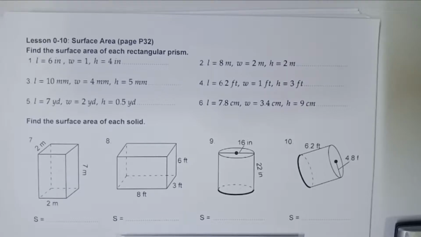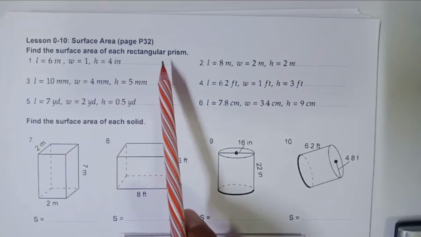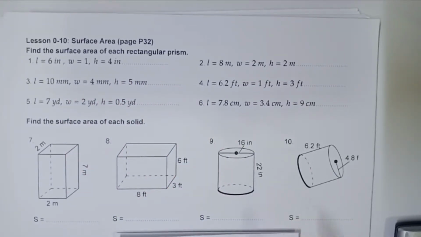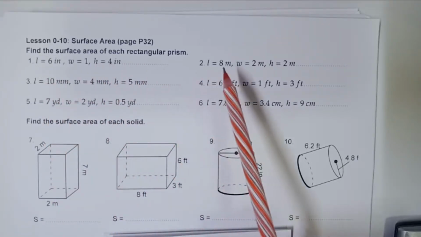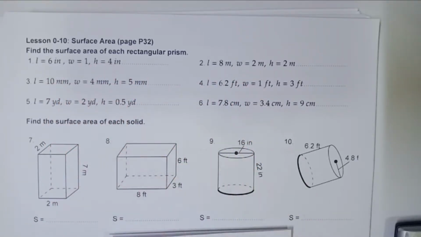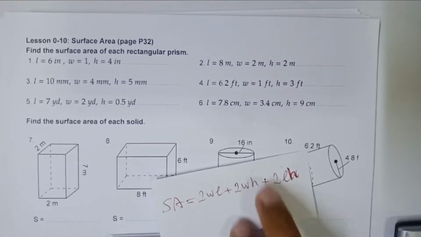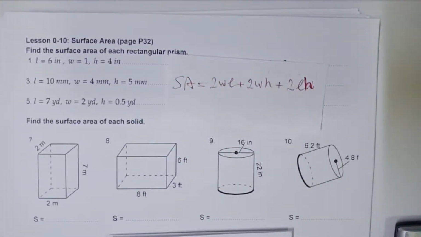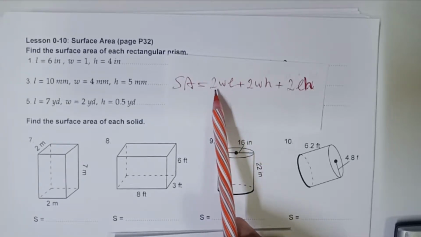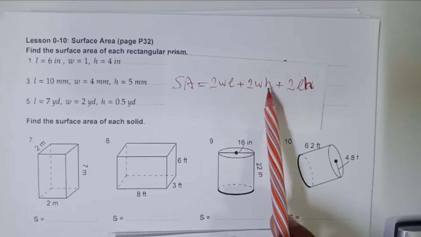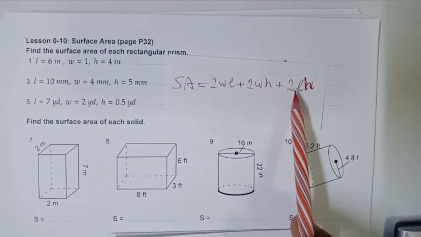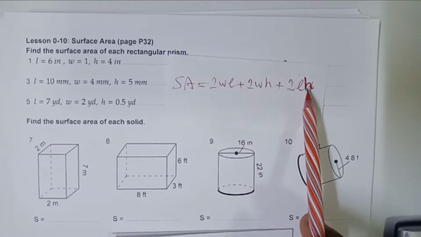Lesson 0-10, surface area. We are trying to work on surface area of the rectangular prism and cylinder. From 1 to number 6, they give you the dimension of the rectangular prism and ask for the surface area. By formula, surface area of a rectangular prism is 2 times width times length, plus 2 times width times the height, plus 2 times length times the height.